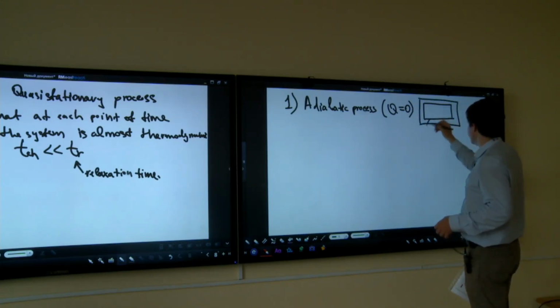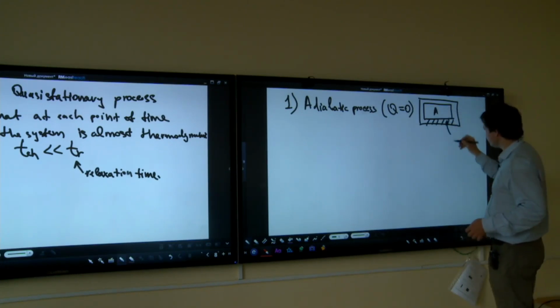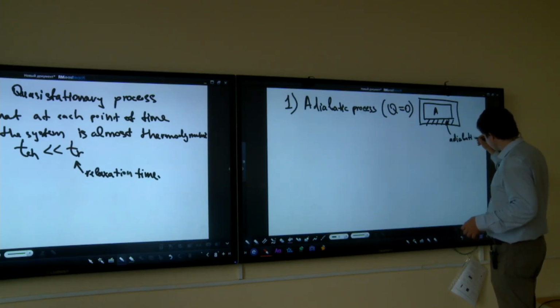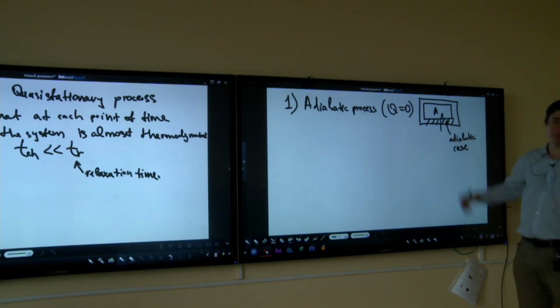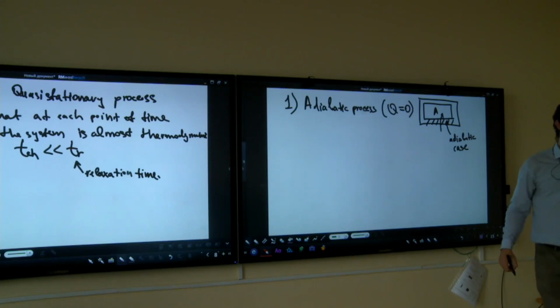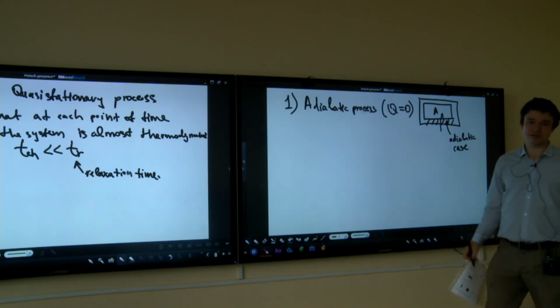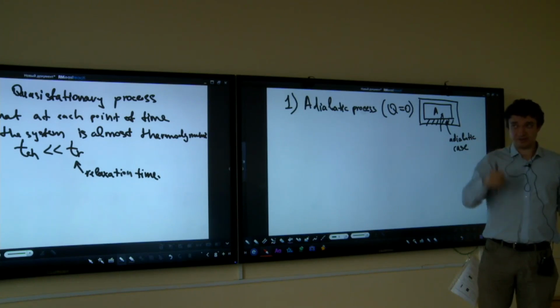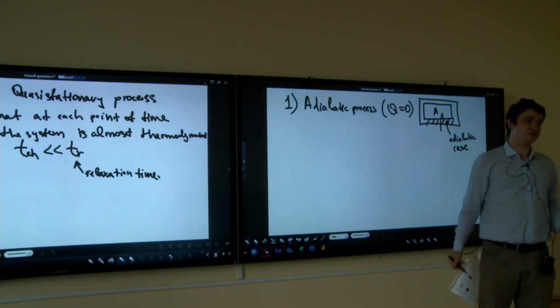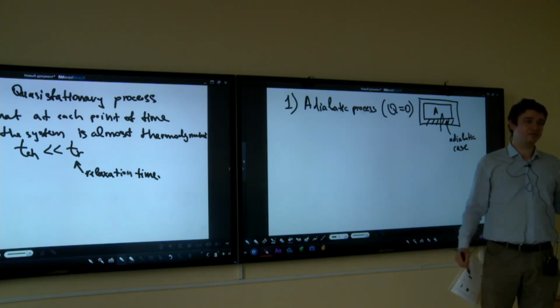So you can say that your system is inside some adiabatic case. No heat can be transferred from the outside to your gas, and it can be efficiently realized. As you know, in every house, especially in cold environments, it's very important to have good thermal isolation.